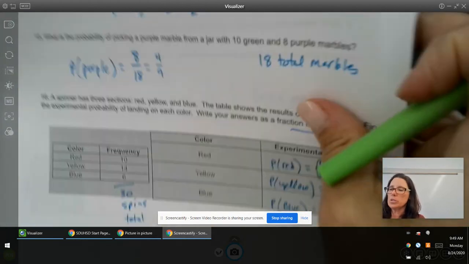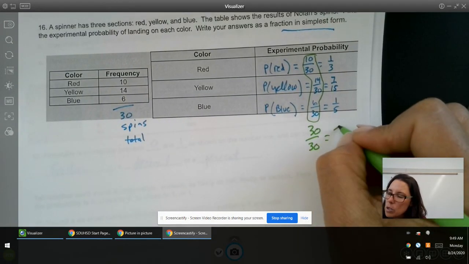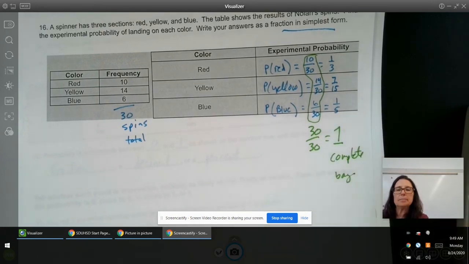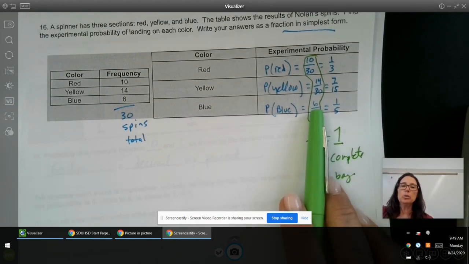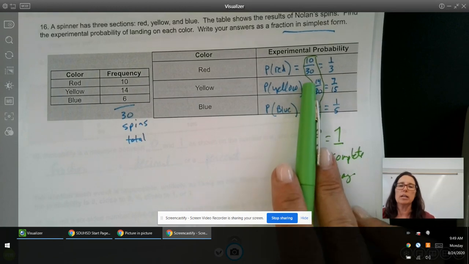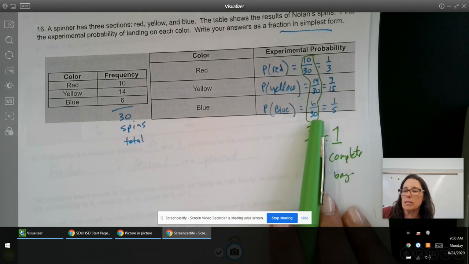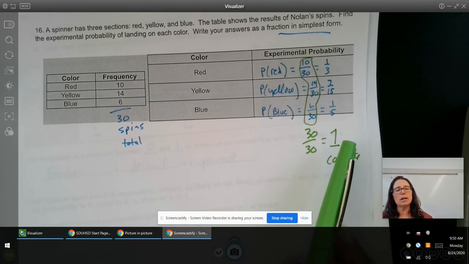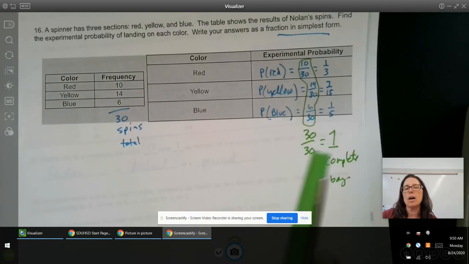I'm going to make that note down here: 30/30 equals 1 complete bag. That's important. You might have a question like, how many blue would there be if you had 10 red and 14 yellow, and there were 30 altogether? All right, so that takes care of 1.1a, very important 7th grade standards in this lesson we just discussed.